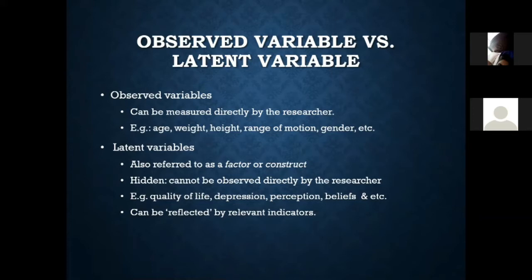Although it cannot be measured directly, it can be reflected by using relevant indicators. So if you have, say, quality of life as a construct, then you may have 10 questions that reflect quality of life. So those 10 questions are actually observed variables for this latent variable.